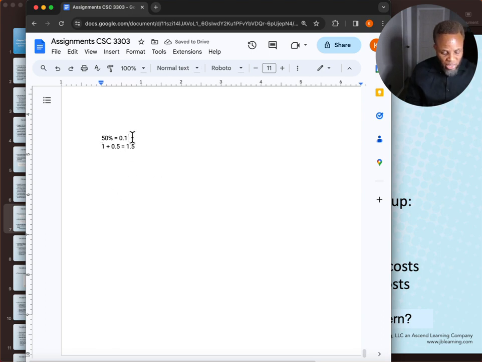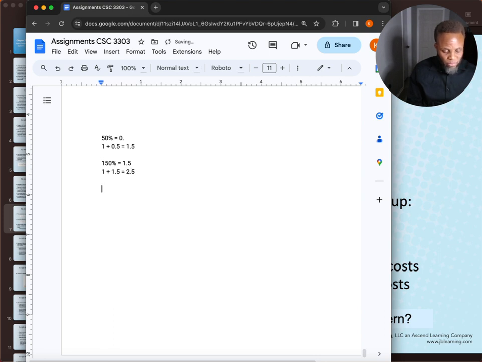Similarly, if you say 150% increase over existing speed, 150% is 1.5. Therefore, a 150% increase over existing speed will be reflected as 1 plus 1.5, which is 2.5. Okay?